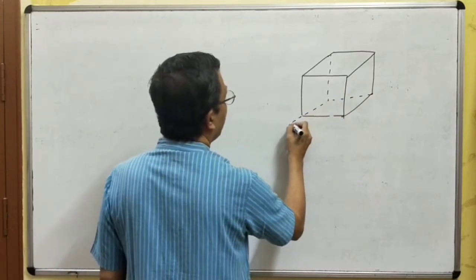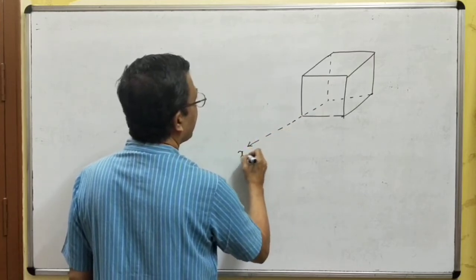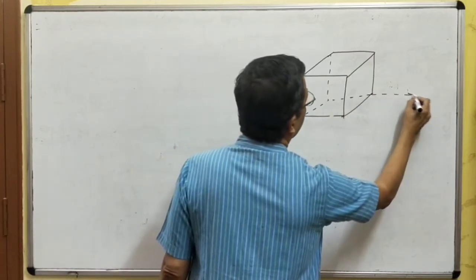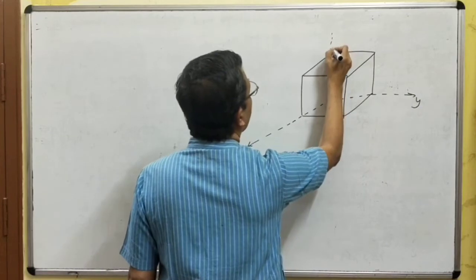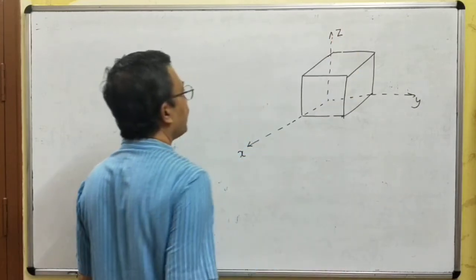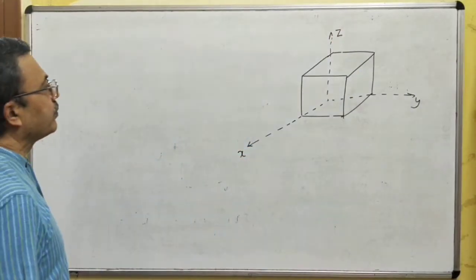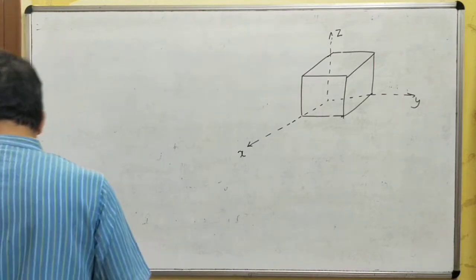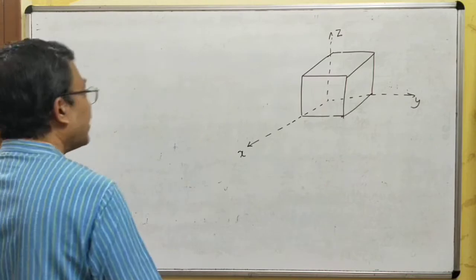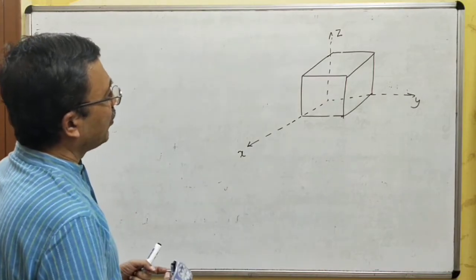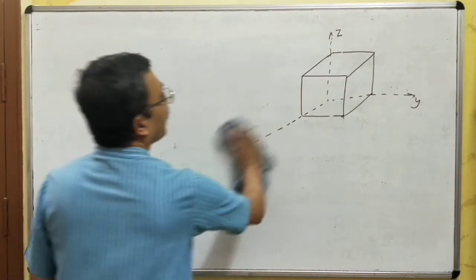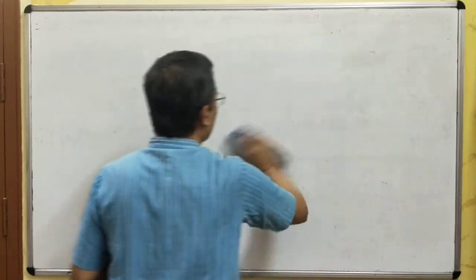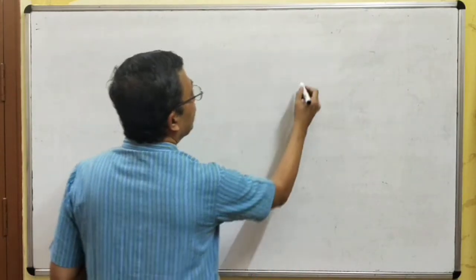This is x axis, this is y axis, this is z axis. I'll take the coordinate system to be a generalized one.